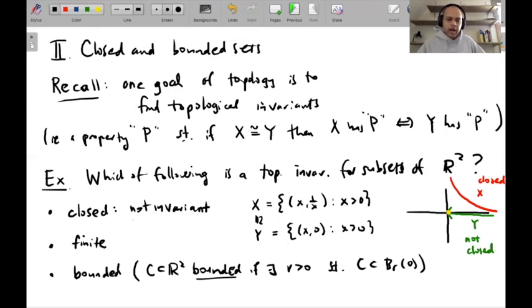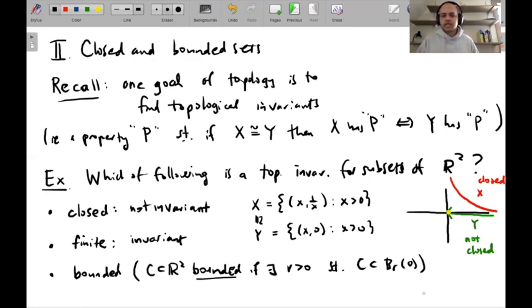But okay, being finite, this is an invariant. I mean, being a subset of R2 is irrelevant for this because, and we discussed this, I think, previously in some way. Yeah, I think in the first week. I mean, a topological equivalence is a bijection in particular.